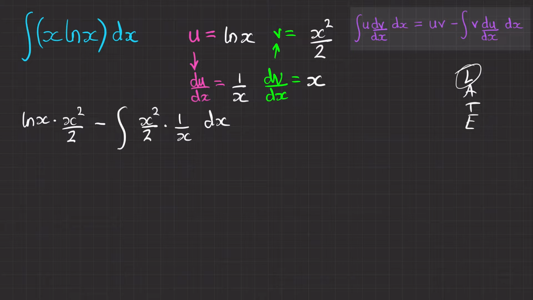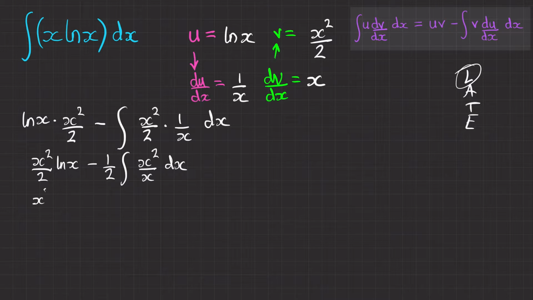Tidying this up a bit to look a bit nicer, we'll have x squared over 2 ln x minus, well, I'm going to put the constant on the outside, so we'll have half of the integral of x squared over x dx. Then we can simplify this, so we've got x squared over 2 ln x minus half of the integral of x dx.